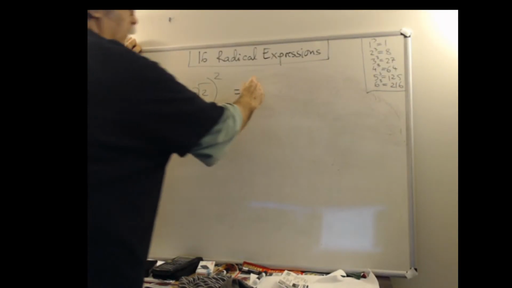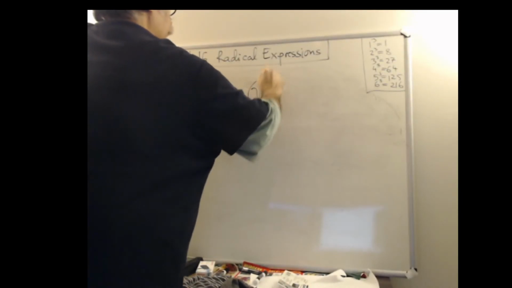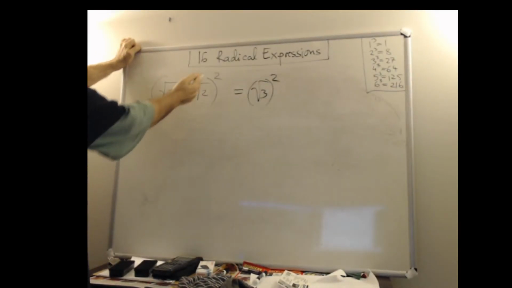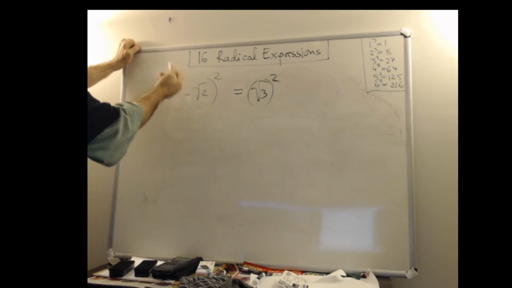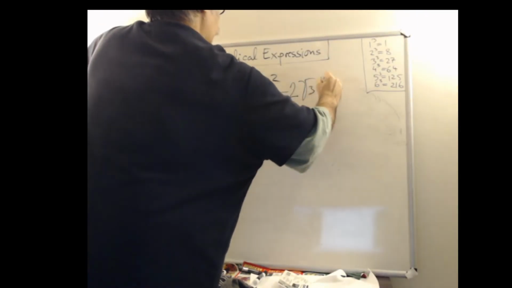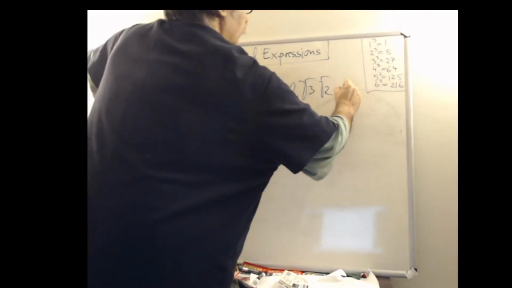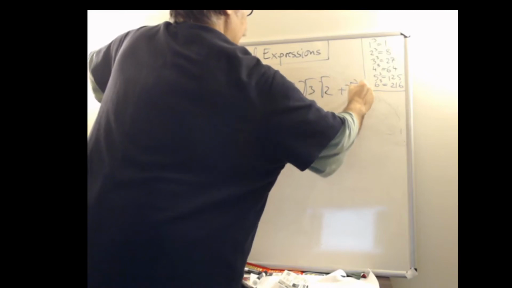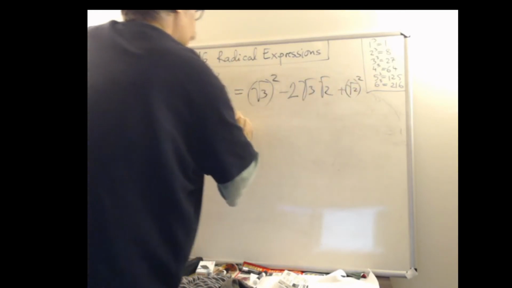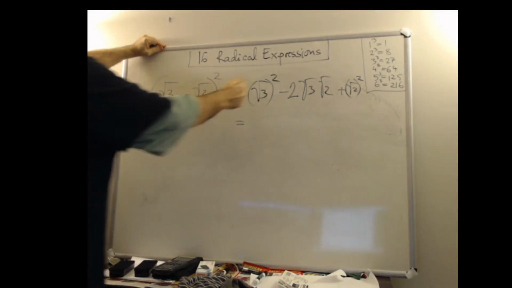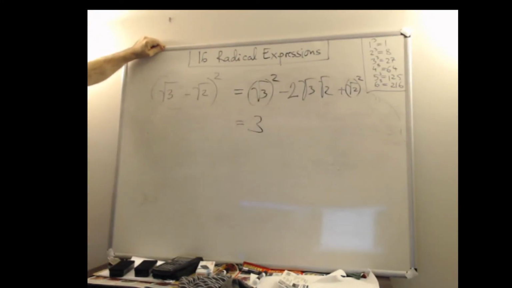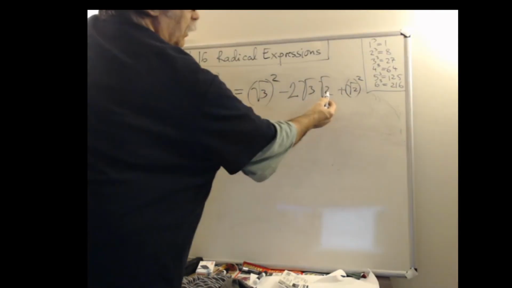Square of this guy, square of difference, this time 2, and then square of this guy. Next step. Square of radical 3 is 3. This is 3 times 2, 6.